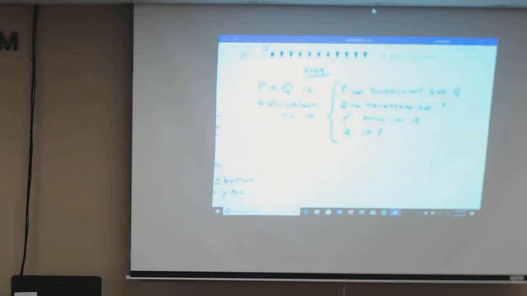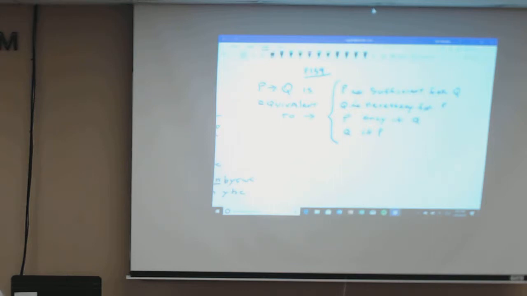If P then Q is equivalent to P is sufficient for Q. If it's raining, then I'll bring an umbrella to class. So rain is sufficient for me to bring an umbrella to class. You see what it's saying?